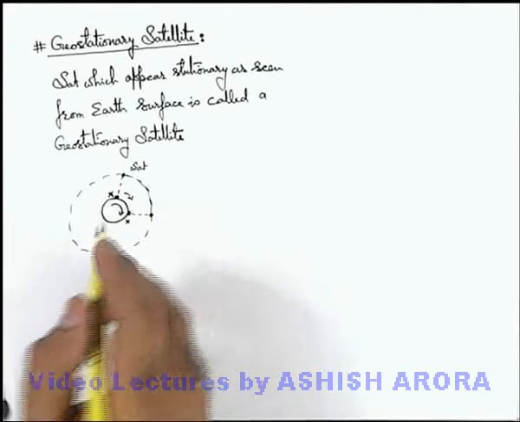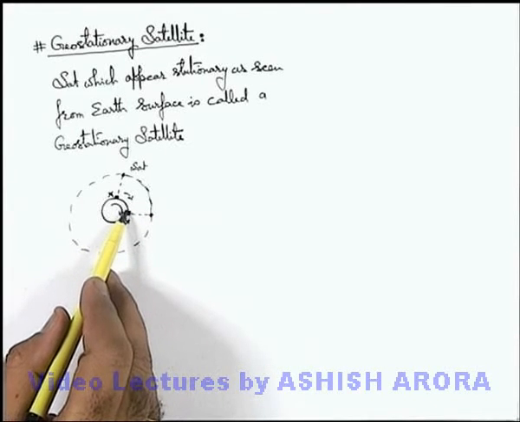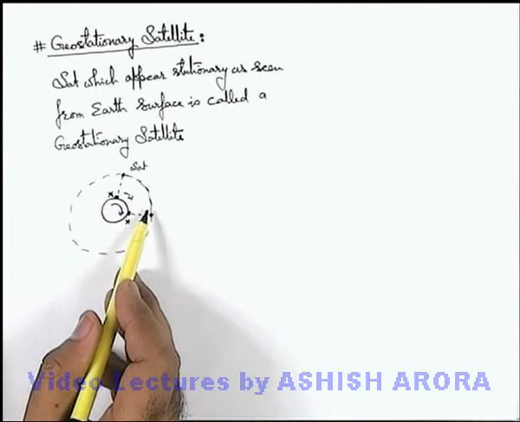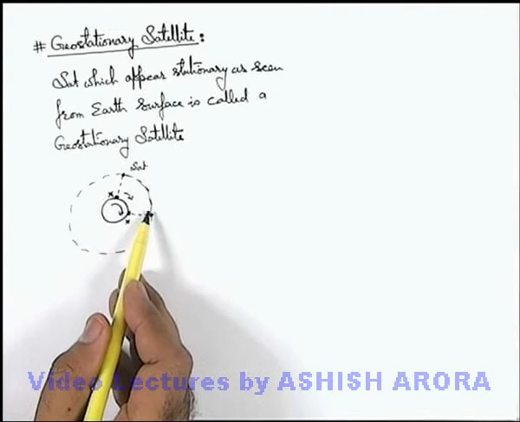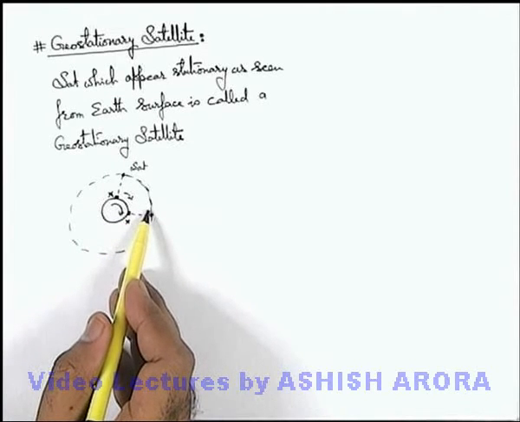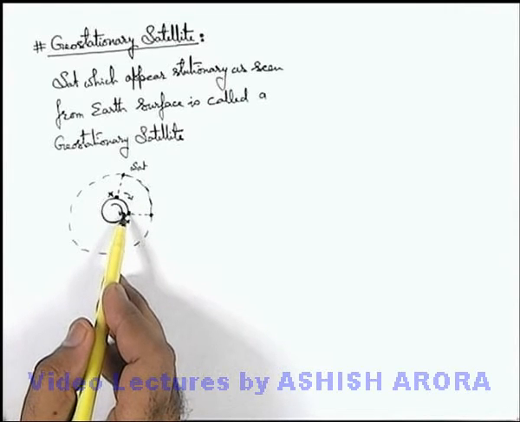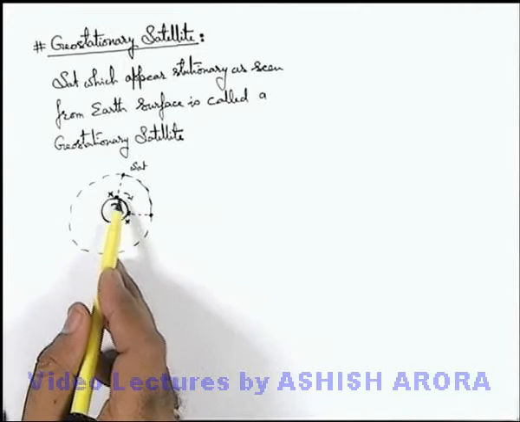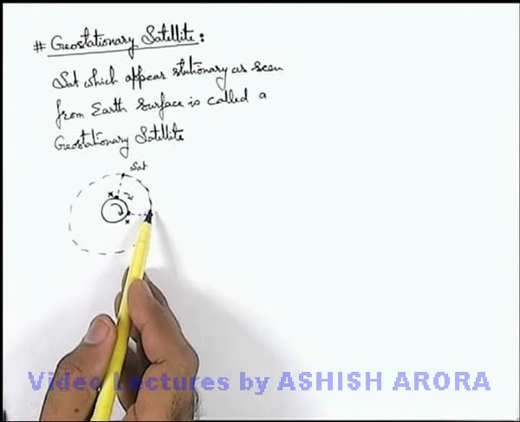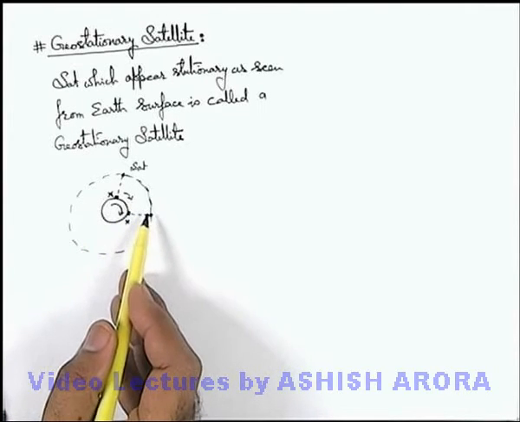So if someone is located on Earth's surface and looking at a geostationary satellite, it always appears to be at rest with respect to that point on Earth's surface. From any point on Earth's surface, it can be seen that a geostationary satellite is at relative rest.